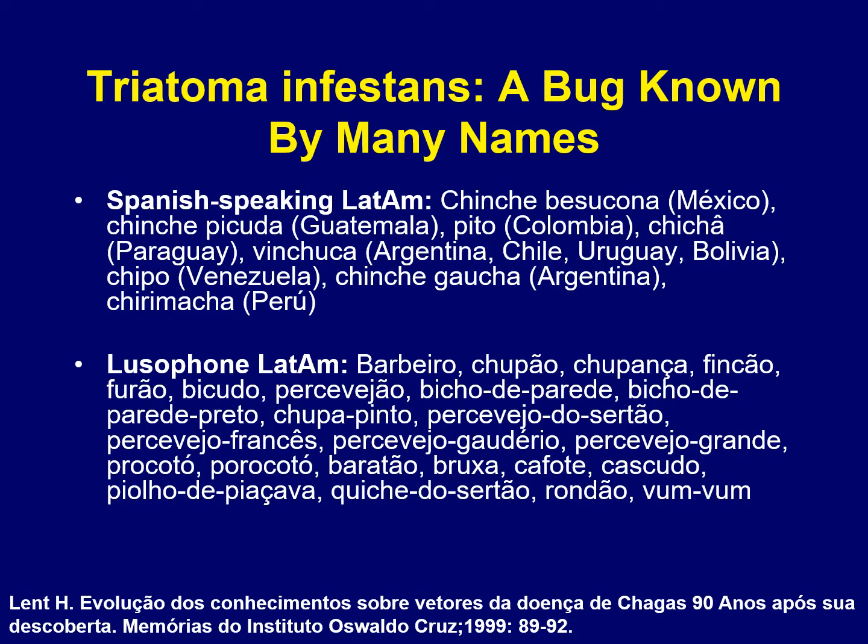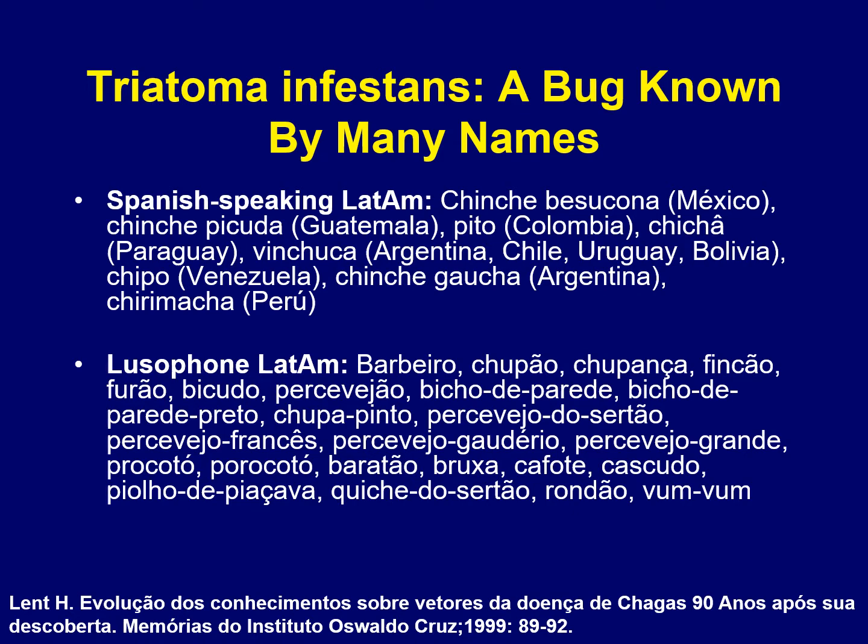These triatomine bugs, the species is Triatoma infestans. What's very interesting is that it is a bug known by many different names. And I think this is an interesting kind of study in how widespread Chagas disease is in Latin America, that there are so many different nicknames for these bugs.